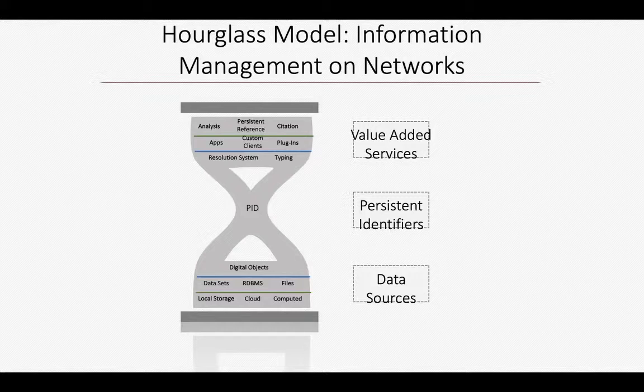And really the services that we're building in RAPIDE and in E-RPID revolve around the center part of there: the digital objects, the PID, the resolution system, and the typing.